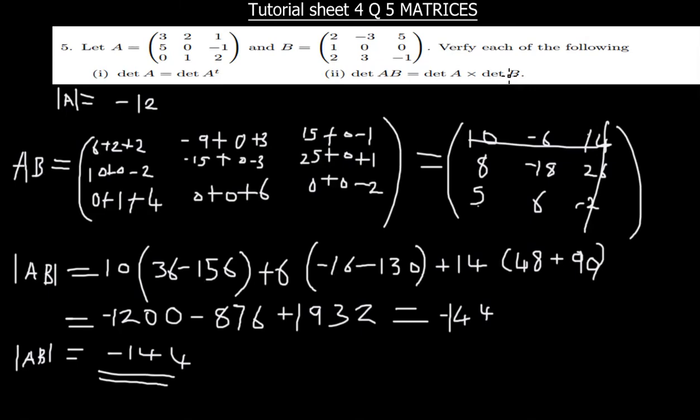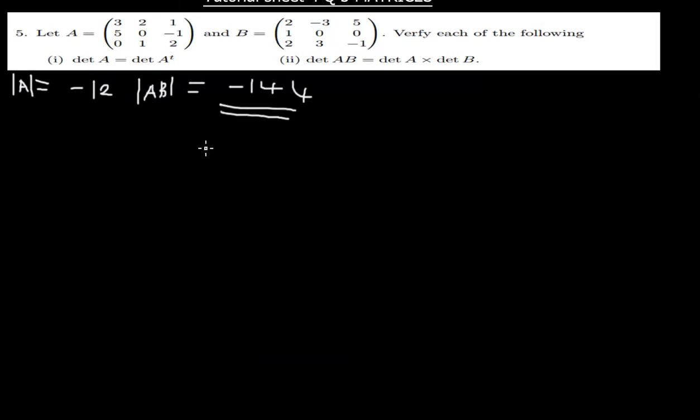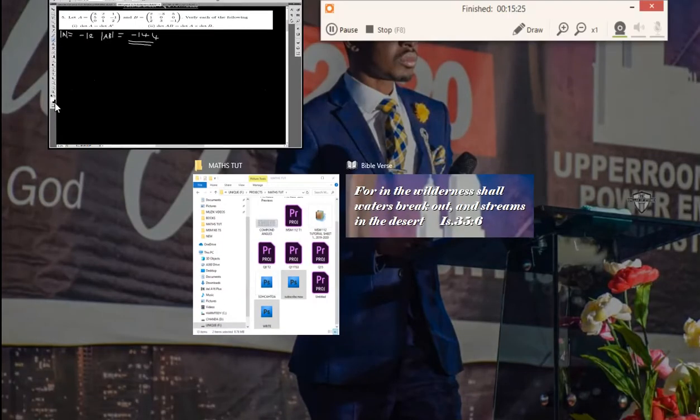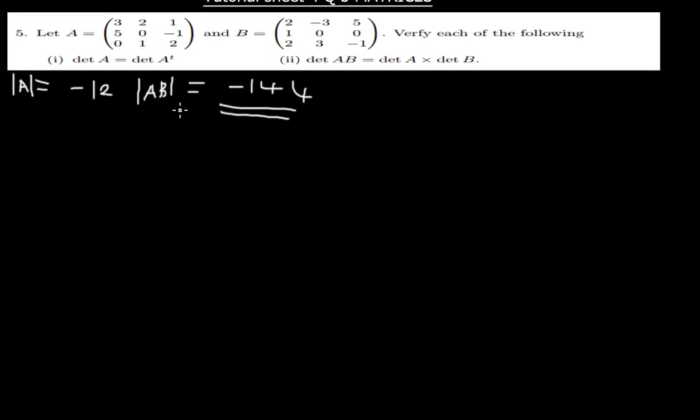In other words, when you multiply the determinant of A and the determinant of B, you're supposed to get negative 144. So let's find the determinant of B.